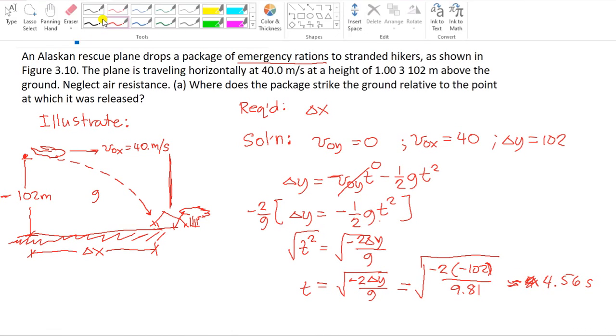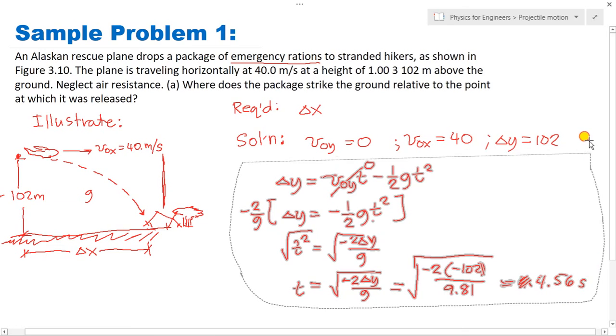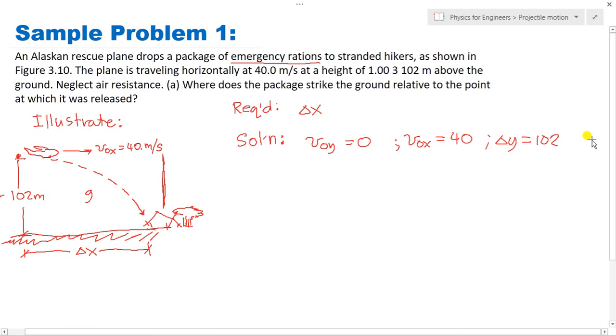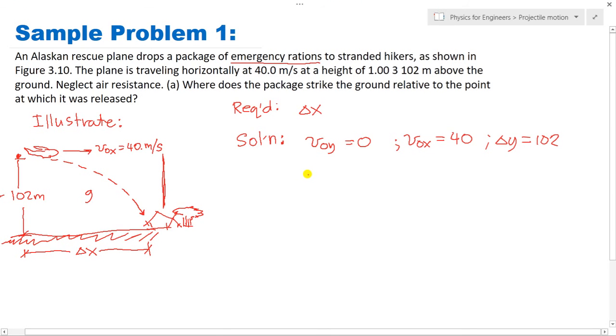Then let's go back to the horizontal motion equation, yung sa in terms of x. So balik tayo doon. So recall that our time there is delta x all over v0x. Then our delta x, since yun yung nahanap natin, is equals to v0x times our time.